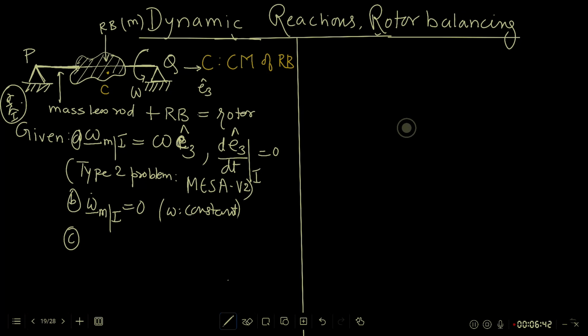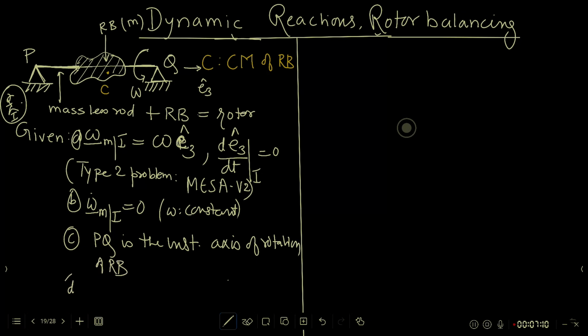Now remind yourself what is meant by axis of rotation. Like 10 classes ago I defined axis of rotation. You can go back and check. So PQ is the instantaneous axis of rotation of the RB, given.